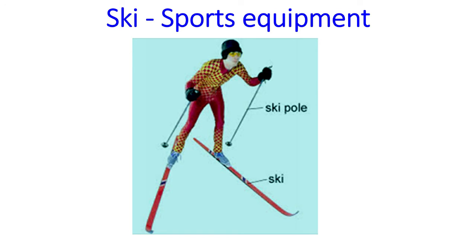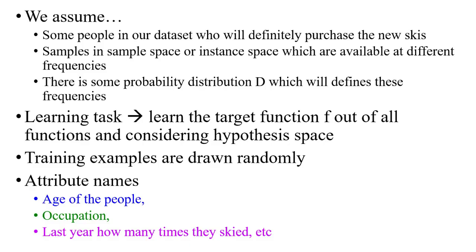We assume that there exist some people in our data set who will definitely purchase the new skis. We further assume that there are samples in the sample space or instance space which are available at different intervals of time, that is, at different frequencies.